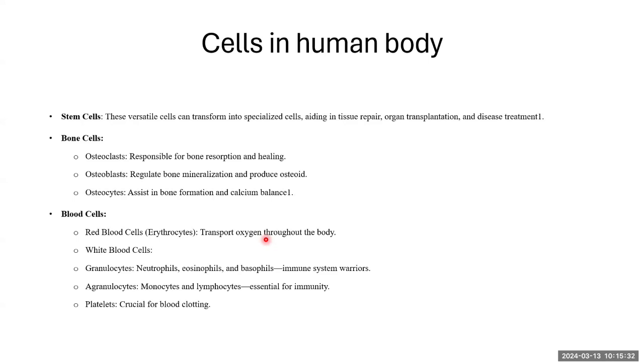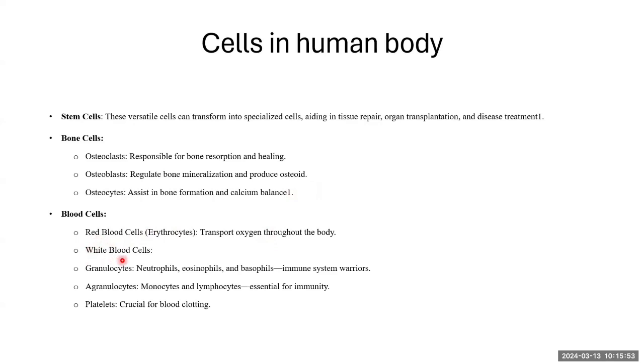Those blood vessels carry blood to the heart, and the heart redistributes all the blood to the body. This way oxygen gets distributed to our whole body through our blood. So which blood cells are mainly involved? Red blood cells.